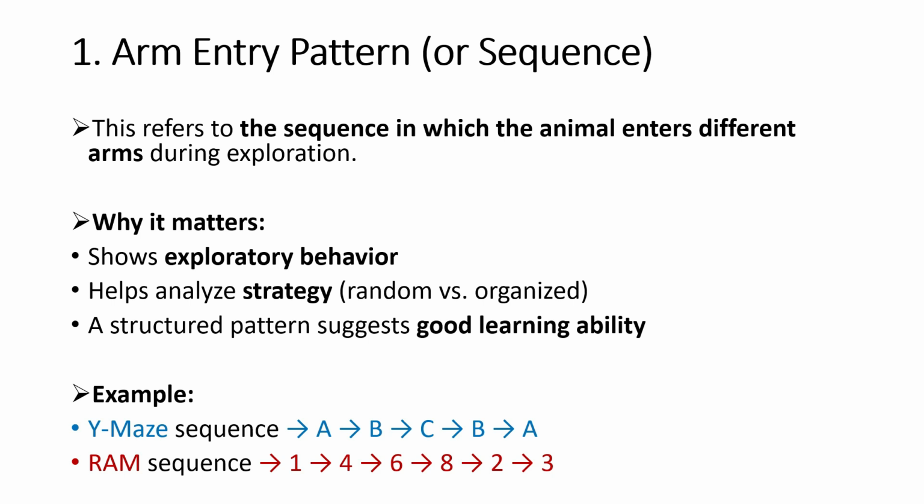A structured pattern suggests good learning ability. Examples: in Y maze the sequence is A, B, C, B, A, like that. In RAM the sequence is 1, 4, 6, 8, 2, 3. So this is arm entry pattern.